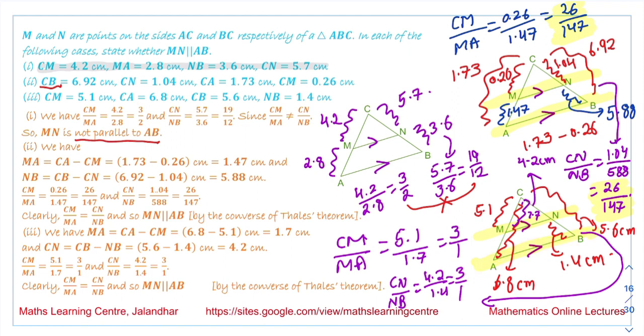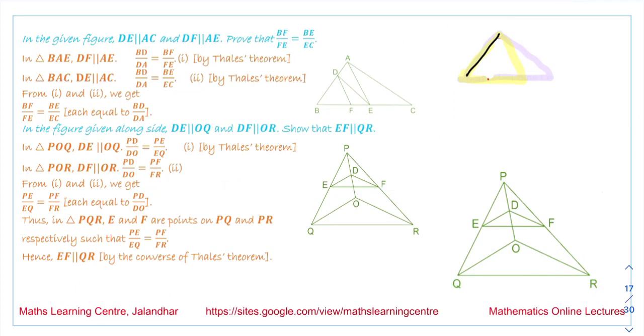Next, in the given figure, DE, we are talking about this line. This is DE. This is parallel to AC. These two lines are parallel to each other. Second thing that is given to us is that this line DF is parallel to AE. These lines are parallel.